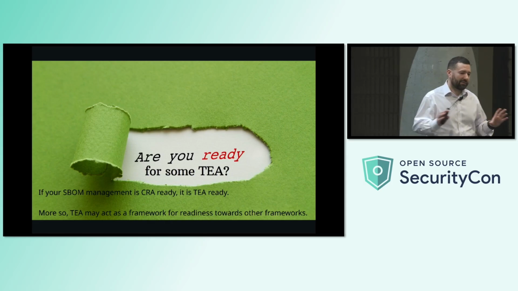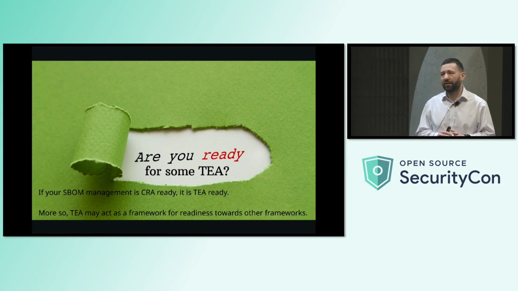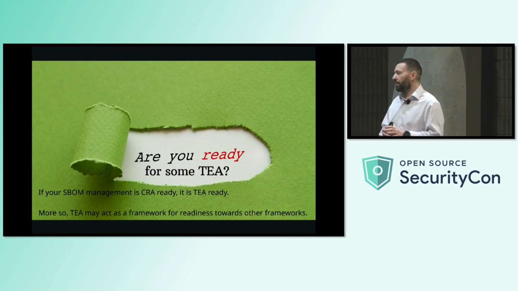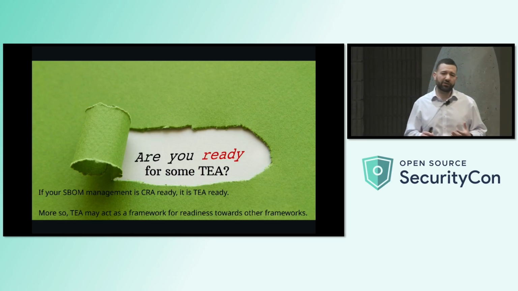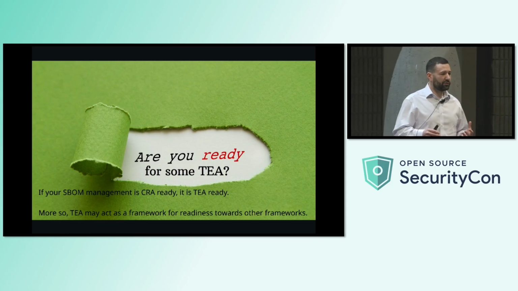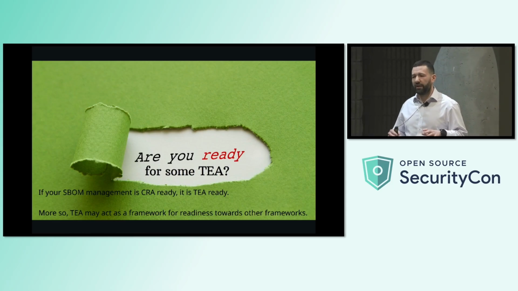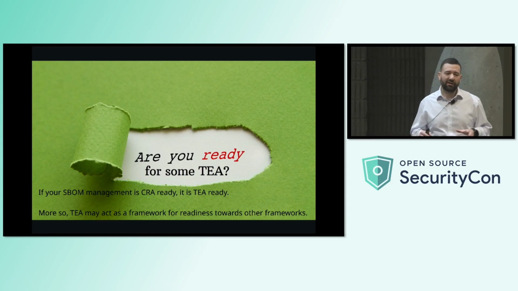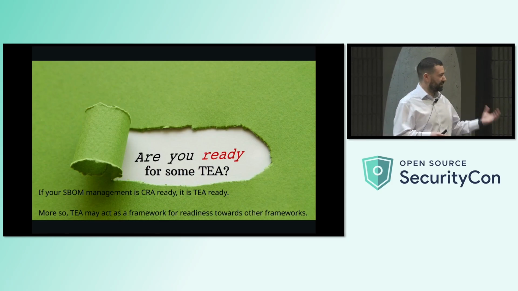So, combining all those things that I said before, there are things that manufacturers need to do to be compliant with emerging regulations. My point is, if they do all those things, then they are actually ready to implement something like the Transparency Exchange API.